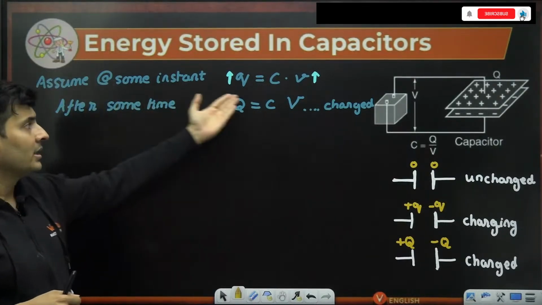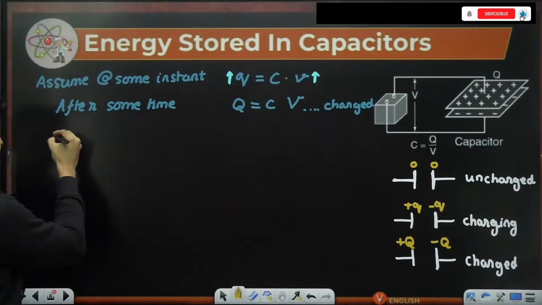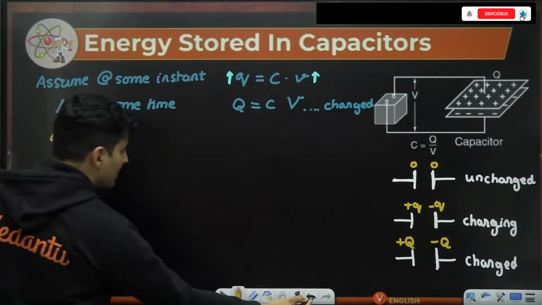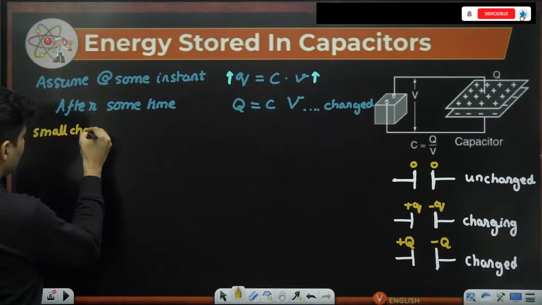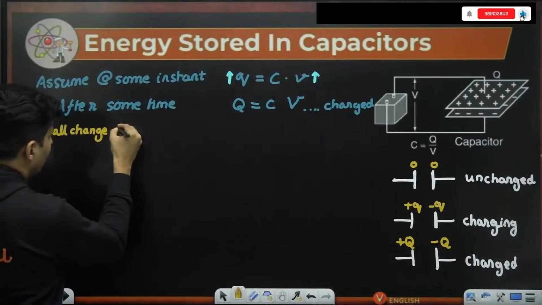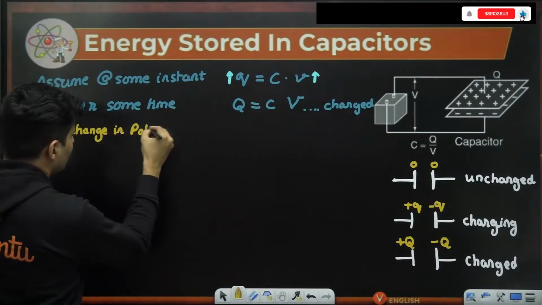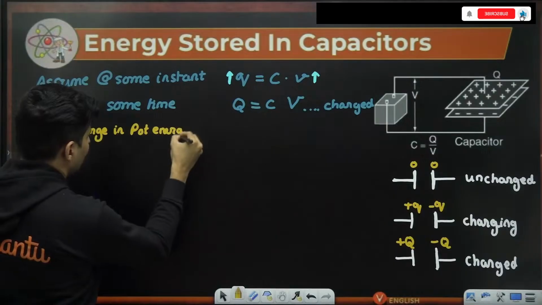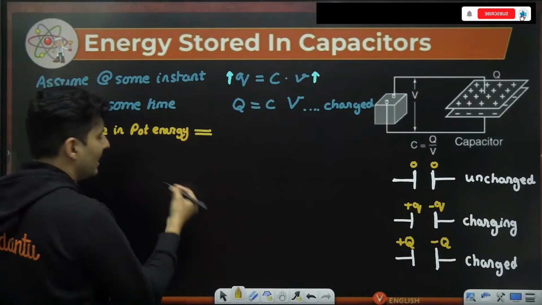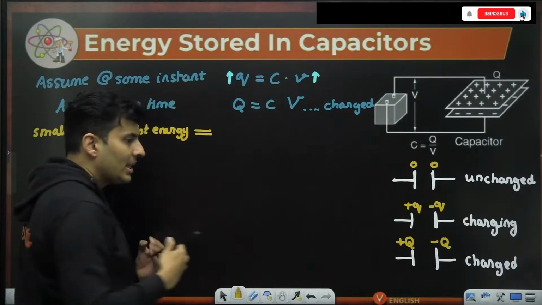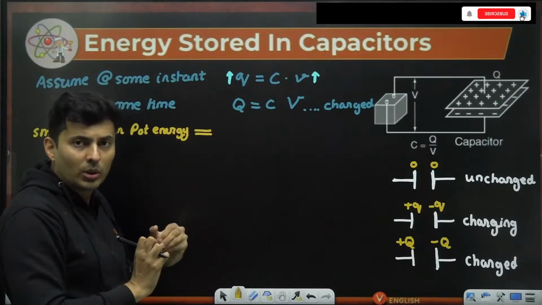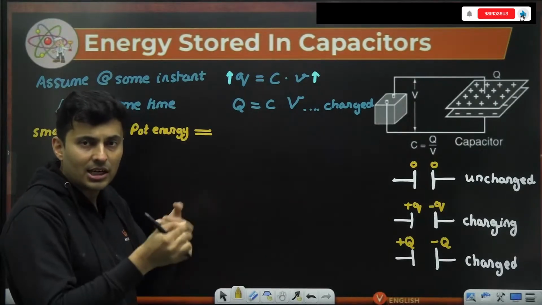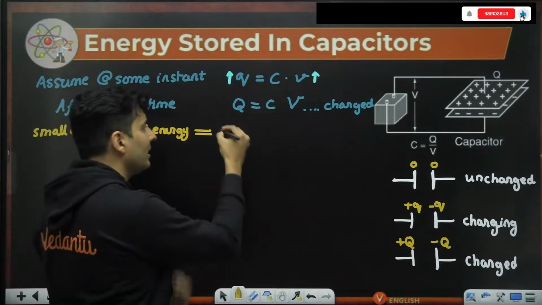So during the charging process, if there is a small change in the potential energy stored, what will that be? It will be because some extra charge has been stored on that capacitor, so some work needs to be done.